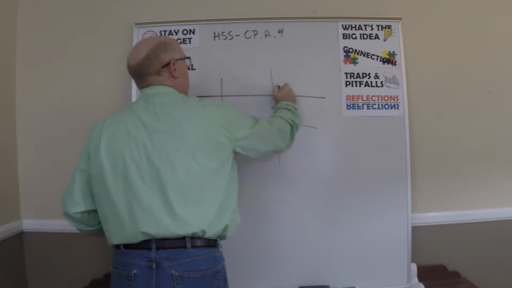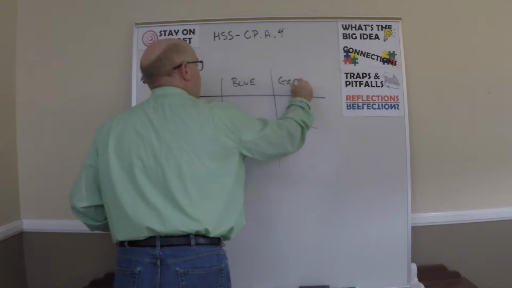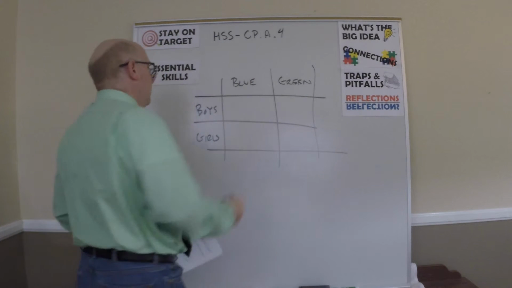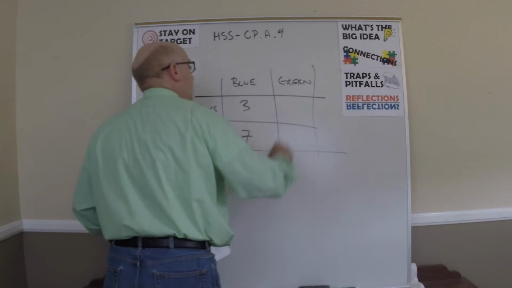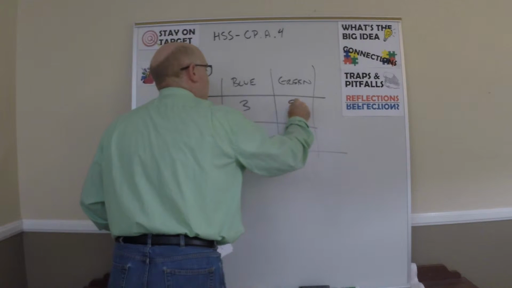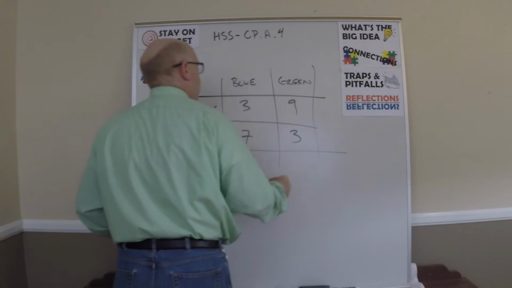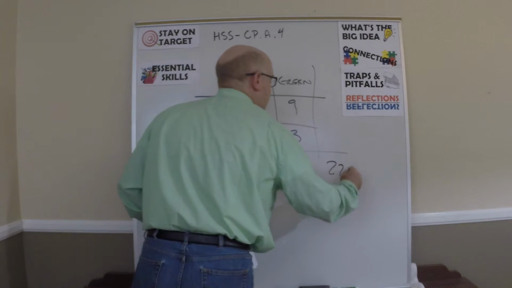So let's pick colors blue and green. They're determining, I don't know, colors of cars or whatever. 3 boys picked that, 7 girls picked that. There's 10 in here. 9 boys picked green and 3 girls picked green as well. So we get 12 here, 22 in total.